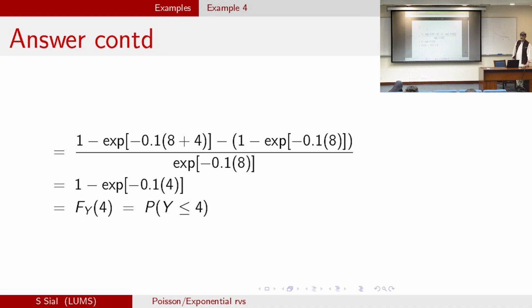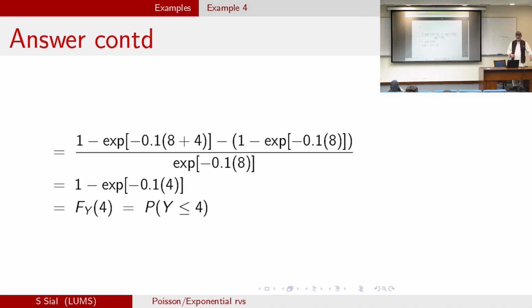So I expect a bus every 10 minutes. I've been waiting 8 minutes. What's the probability that I have to wait between 0 and 4 more minutes? Well, that's just the probability of waiting between 0 and 4.